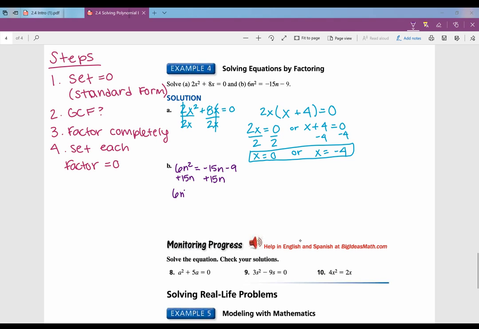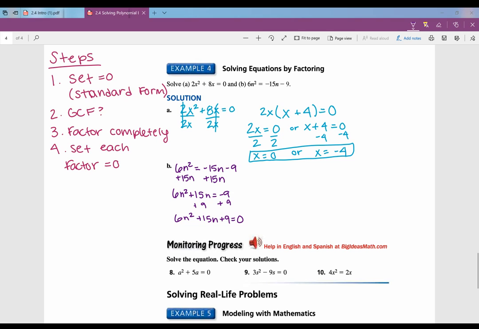So we have 6n squared plus 15n equals negative 9. And we need to move our 9 over, so we're going to add 9 to both sides. So we get 6n squared plus 15n plus 9 equals 0. Right, because we moved everything over, so now it equals 0.